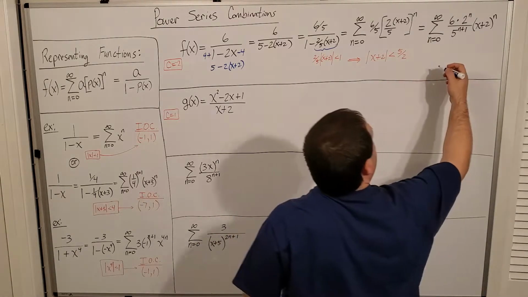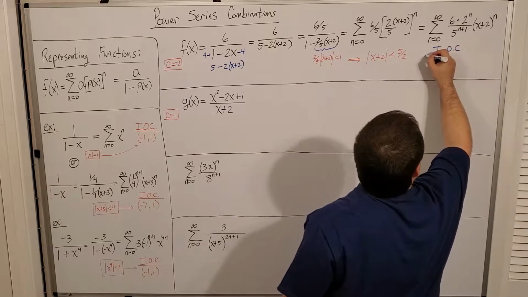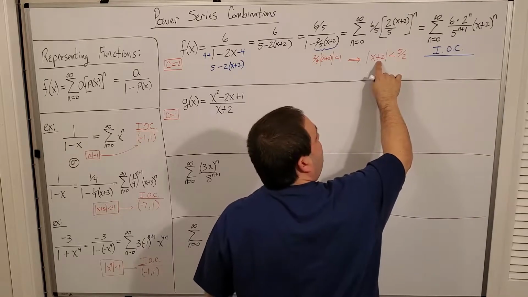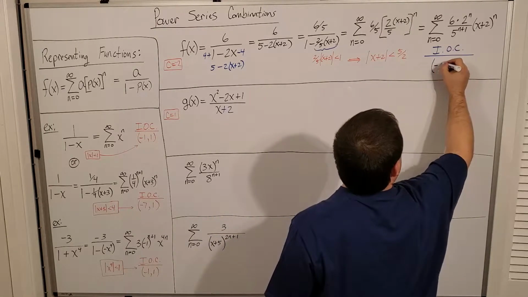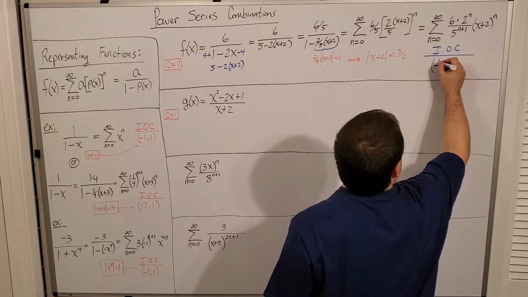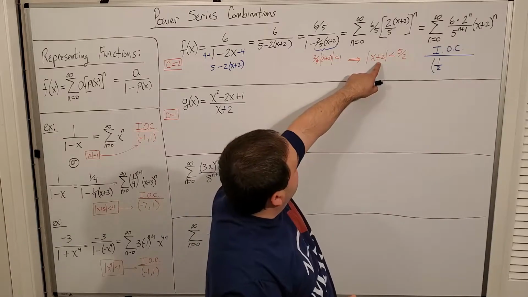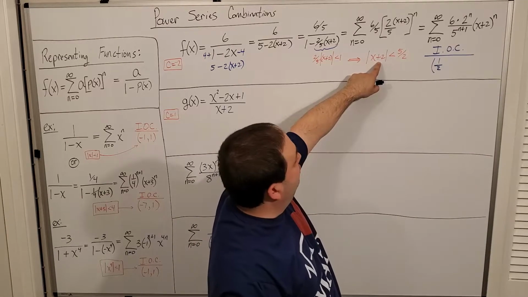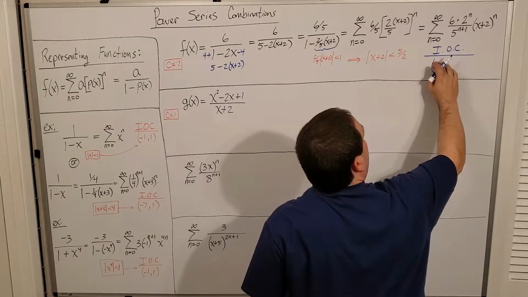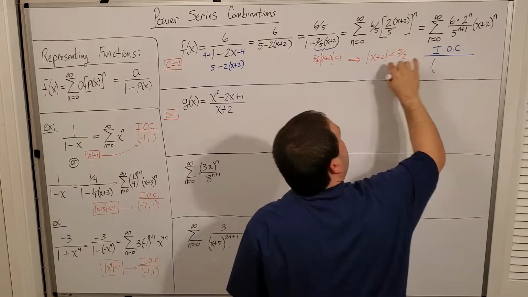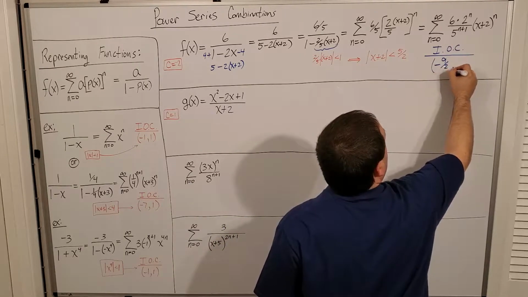So then my interval of convergence is going to be -2 minus 5/2, which is going to be -4/2, right? Minus 5/2. Whoops, I made a mistake. I'm doing the wrong end first. It's -4/2 minus 5/2, which is going to be -9/2.